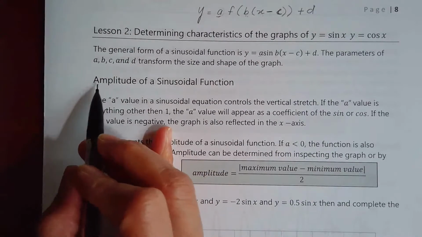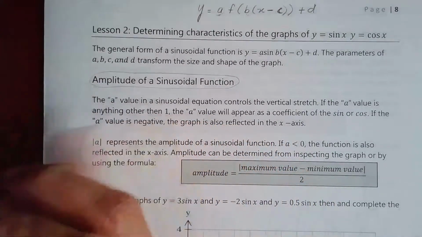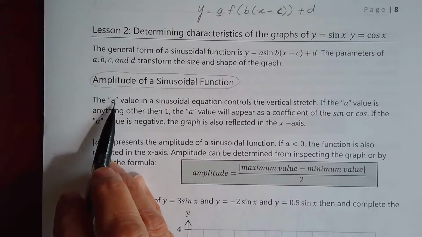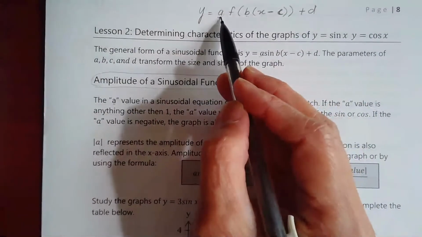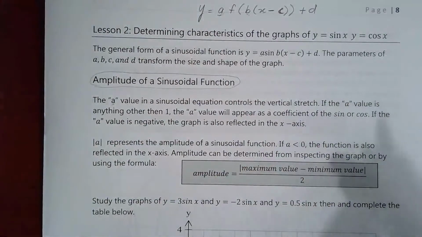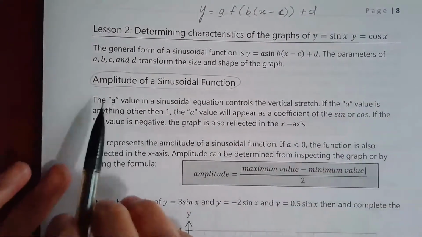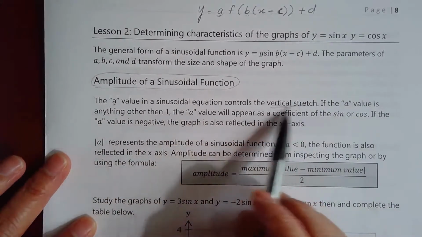So how do those things affect our sine function graph? It's just so convenient that the A is the amplitude and A is the parameter a here. It's nice that a is amplitude, but also a is the vertical stretch. So the a value in our sinusoidal equation controls the vertical stretch.